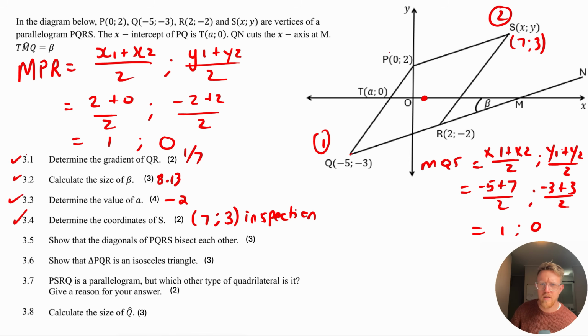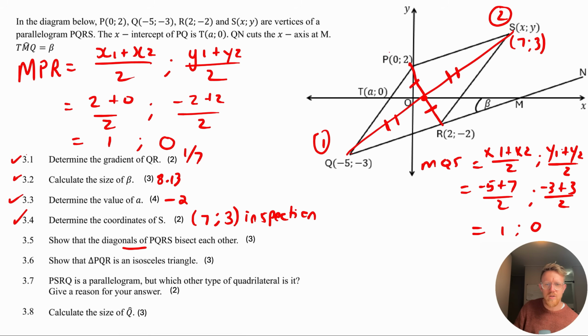So this one goes there, and this one goes there. So because it's a midpoint, it means that this side is the same as this, and this length is the same as this. So what we can then see is that the diagonal lines are cutting each other in half. So this diagonal line is cutting this diagonal line in half, and this diagonal line is cutting this diagonal line in half.